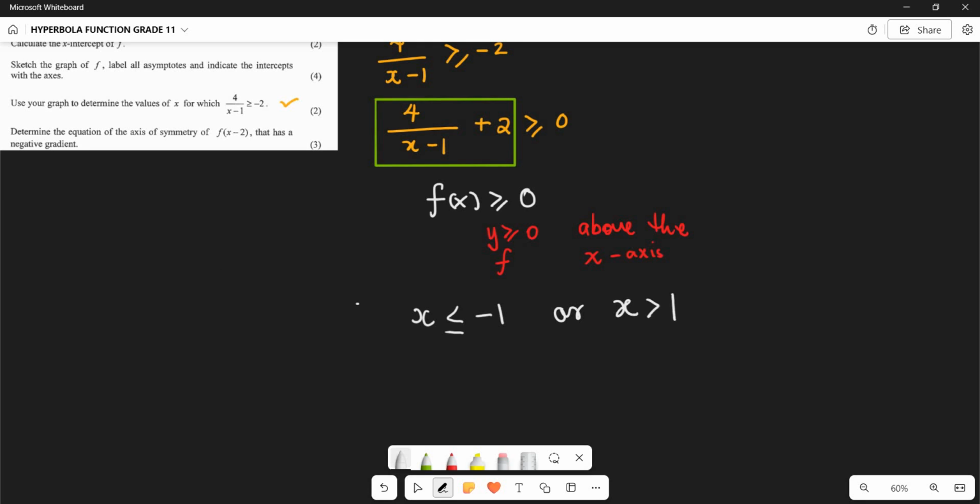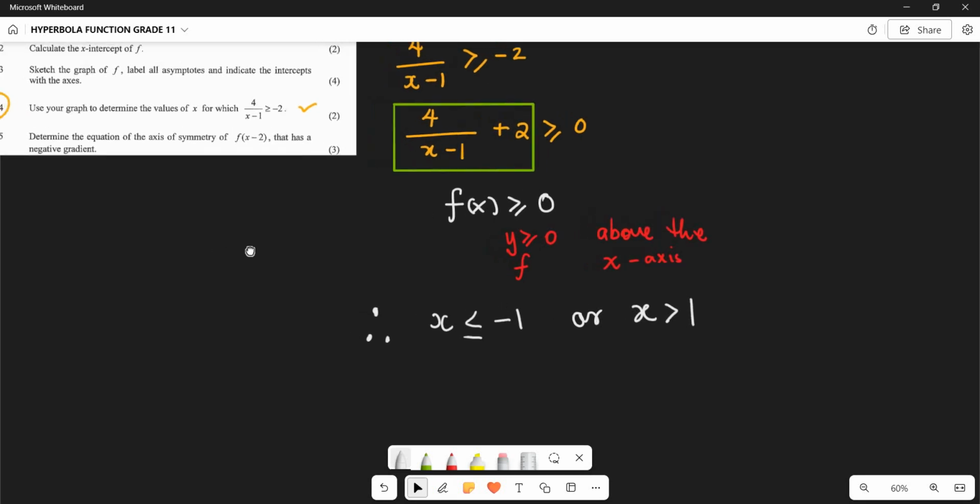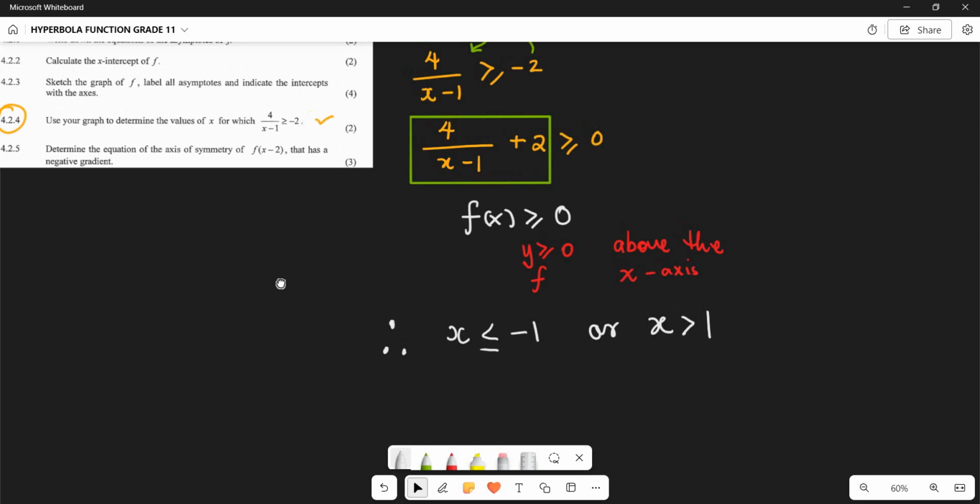So that will be your solution. So it's important that you understand your function. Yes. So with that being said, that will be your solution. All right, that answers.